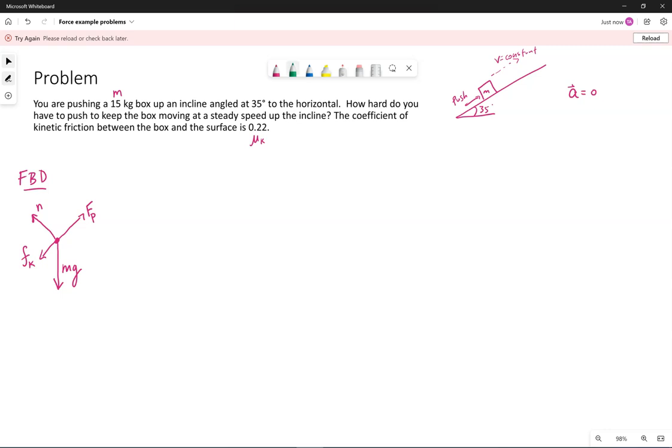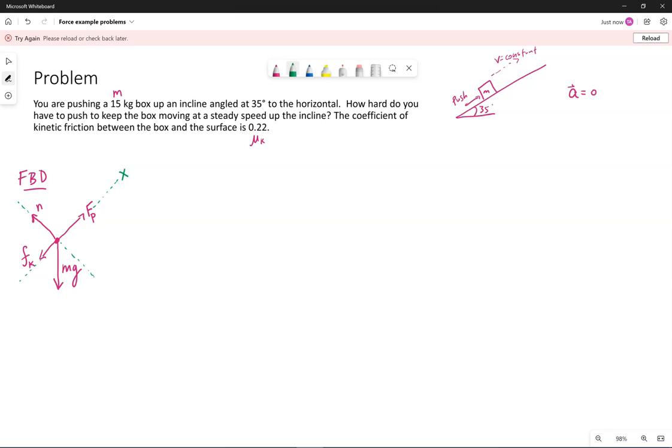As a general rule, it is most helpful to make the x-axis along the incline and the y-axis perpendicular to the incline. I'm going to call up the incline positive. You can call down the incline positive if you want.